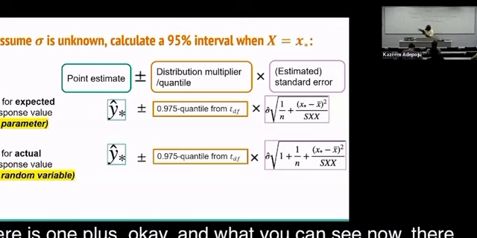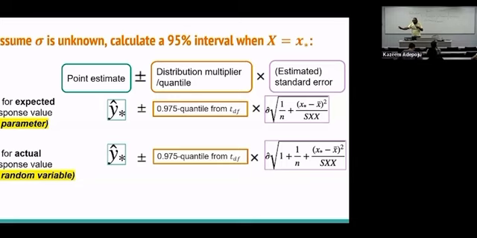If there's a difference between the two standard errors, then when you construct an interval for individual prediction and for the average prediction, one will have a wider interval. Why is it that one is going to have a wider interval? Because the fact remains their standard error is not the same.